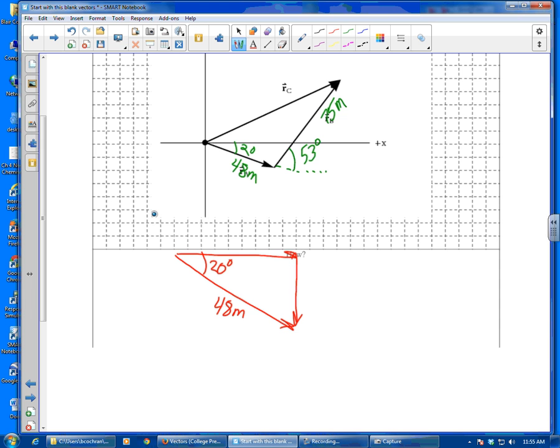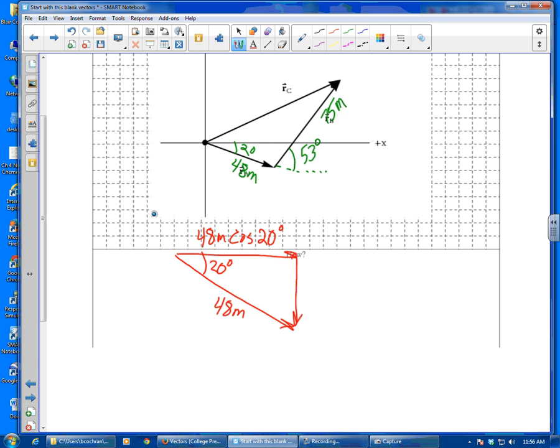So if I want the adjacent side, I'm thinking SOHCAHTOA. I'm going to think cosine. I'm going to do 48 meters cosine 20 degrees. And that will give me the adjacent side. Refer back to problem 2 or problem 1 to see how I got the 48 cosine 20.